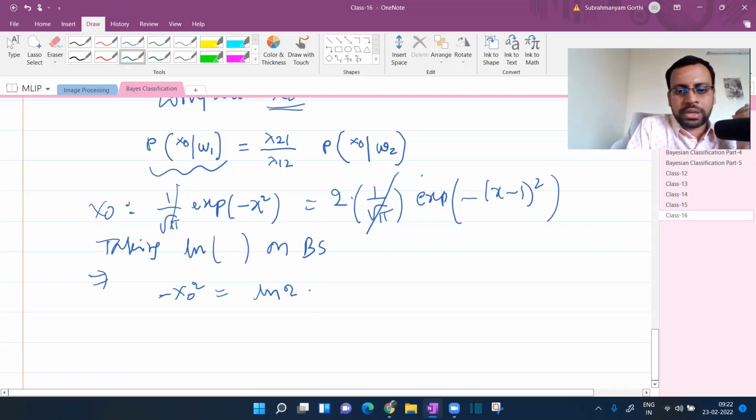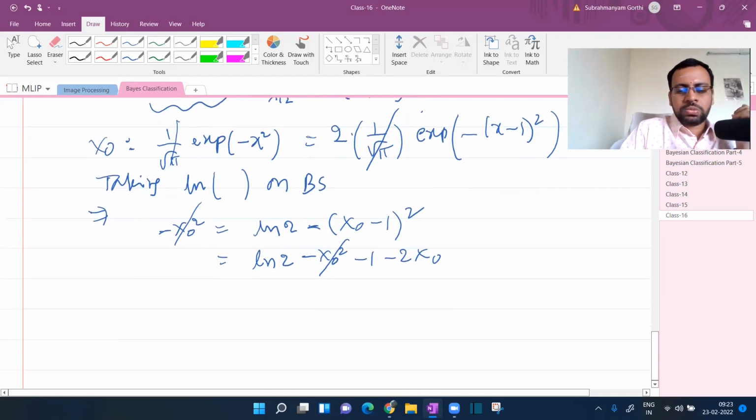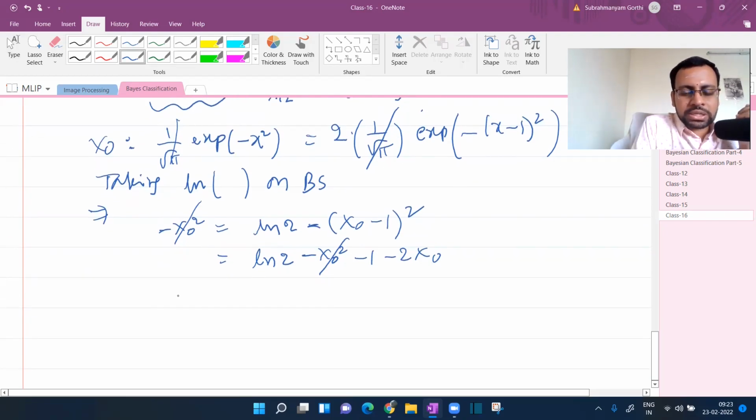This is what I need to solve. Now ln 2 minus x naught square equals minus x naught square minus 1 plus 2x naught. This and this would cancel out. Now I'll take x naught to the left side. That will give me 2x naught. In fact, I'll just bring the 2 to this side.